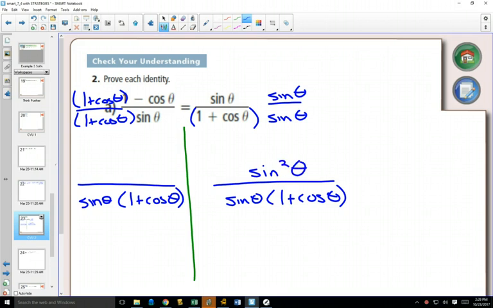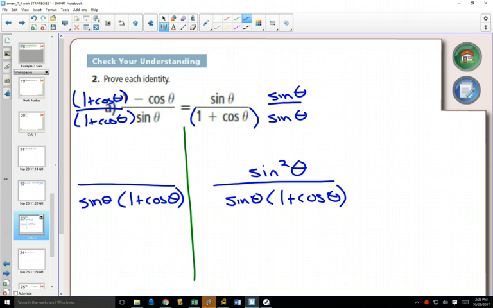Now when I multiply on the right side, I'm going to get sine squared theta. And maybe you notice at the top of the left side, 1 plus cos theta, 1 minus cos theta, that's a difference of squares. The fancy word for when you have binomials that are the same things with a different sign in between is called the conjugate. So 1 plus cos theta and 1 minus cos theta are conjugates.